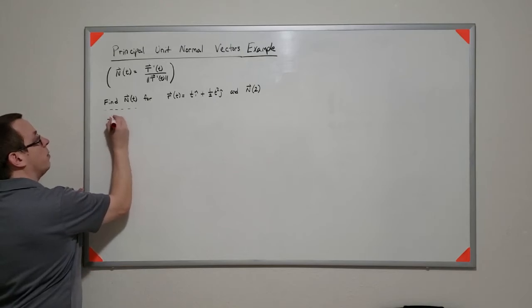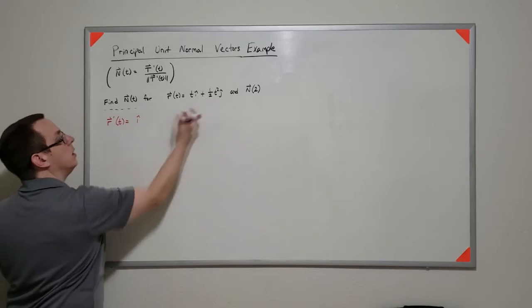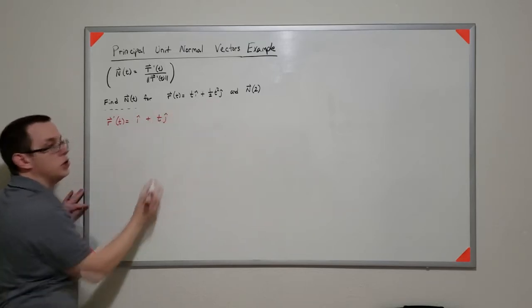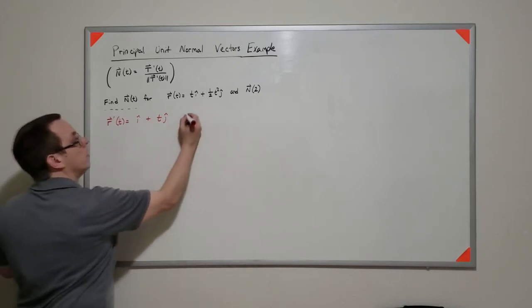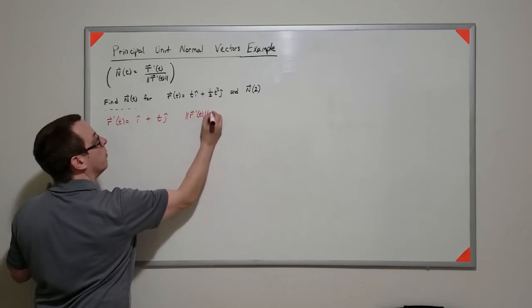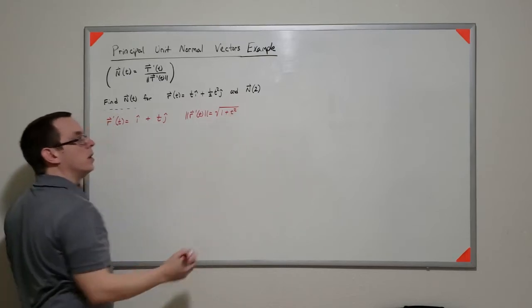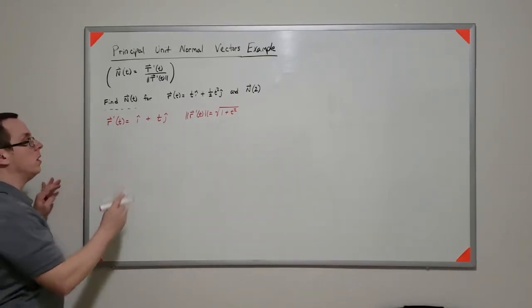So r'(t) is just going to be i plus t j. So the magnitude of r' is the square root of 1 plus t squared.